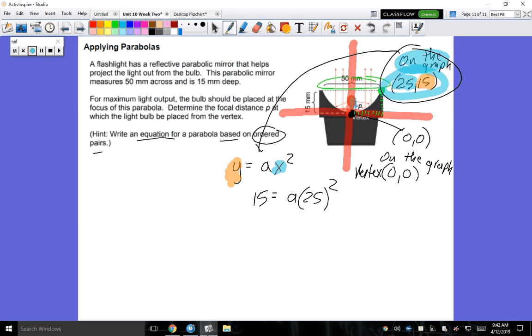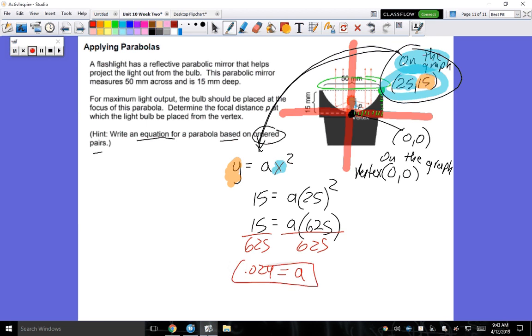Because if I use the vertex, a is going to be 0, and that's not the correct answer. So again, one more time, you have to use something that is not the vertex, that is still on the graph, in y equals ax squared to solve for a. So 25 squared gives you 625, then you have 15 equals a times 625. If I divide both sides by 625, you get from the calculator a is equal to 0.024.